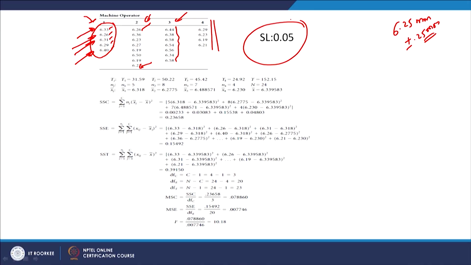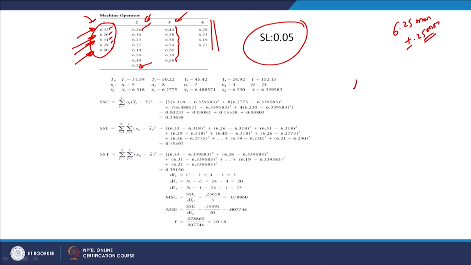We have to test that hypothesis at the 0.05 significance level. So first of all, we will have to frame the null and alternative hypotheses. In the case of ANOVA, we will say that mu1 is equal to mu2 is equal to mu3 is equal to mu4.